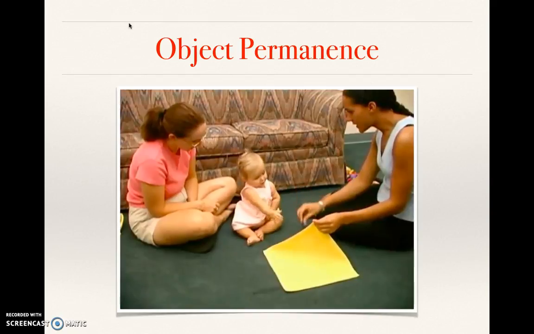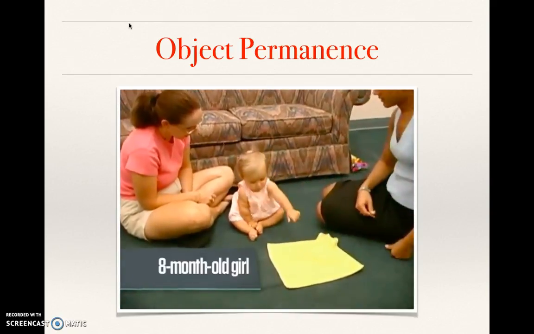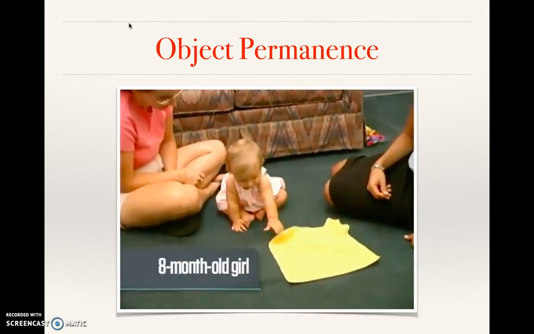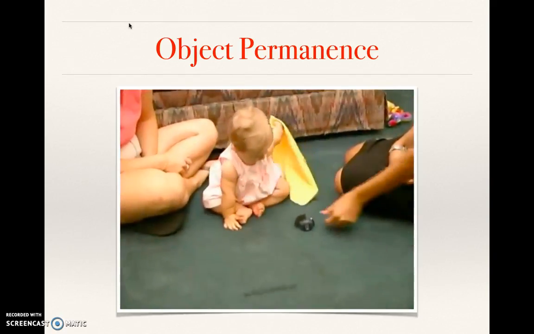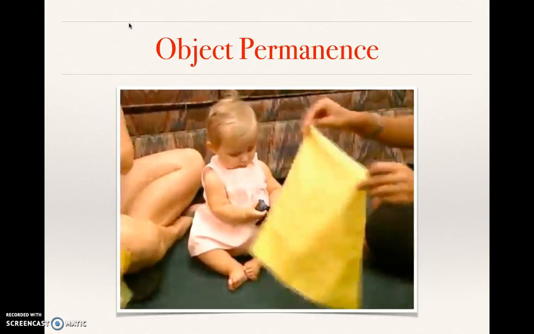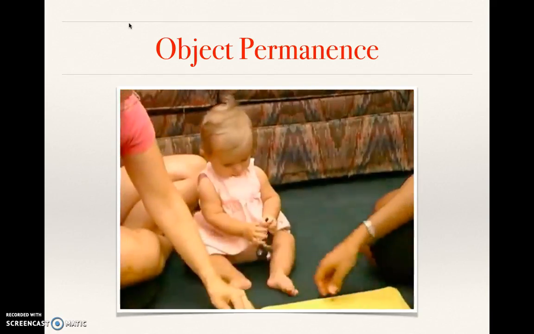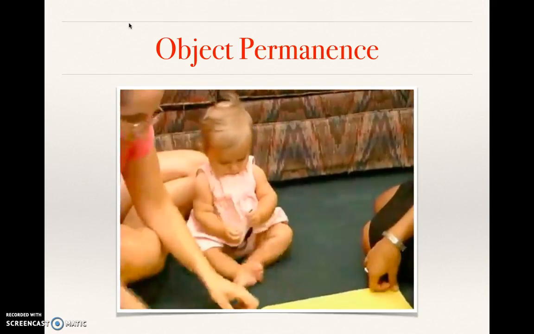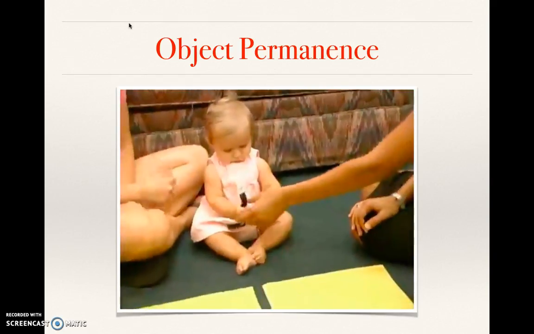So the researcher hides the object under the blanket, and the 8-month-old girl immediately finds it. Now there are 2 available blankets.